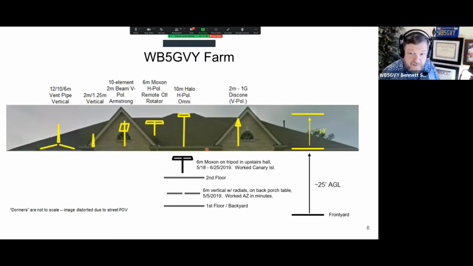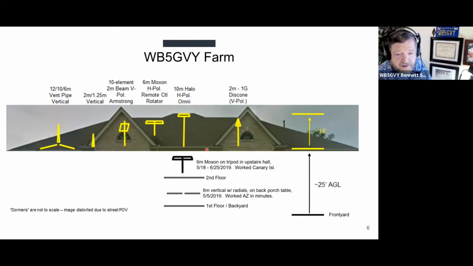So this is my antenna farm. And like I said, I'm in a homeowners association. I happen to have a large house. It's 2 stories, and it happens to have a very large attic. And this is a schematic representation. I just took this picture perhaps off of Google Earth. The dormers aren't to scale here because it's a picture from a low angle on the street.